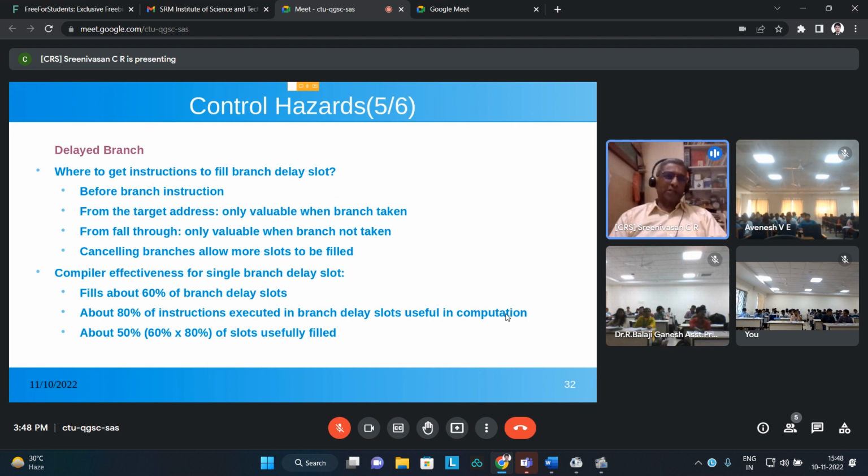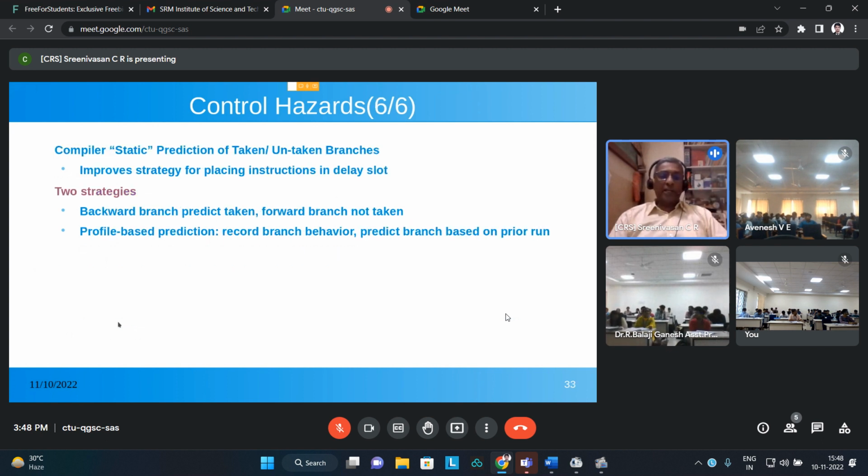Where to get the instruction to fill the branch delay slot? I've given you the practical example of traffic, so keep that in mind. And before a branch instruction, or before the target address, or before a fall through happens if a branch is not taken, or canceling the branches, you can even cancel the branch, right? These things will be very effective in a single branch delay slot if you use good compilers, and those compilers will really point out some of these errors.